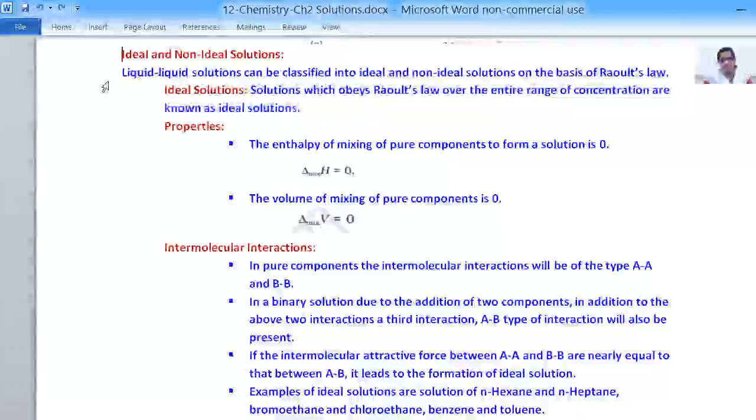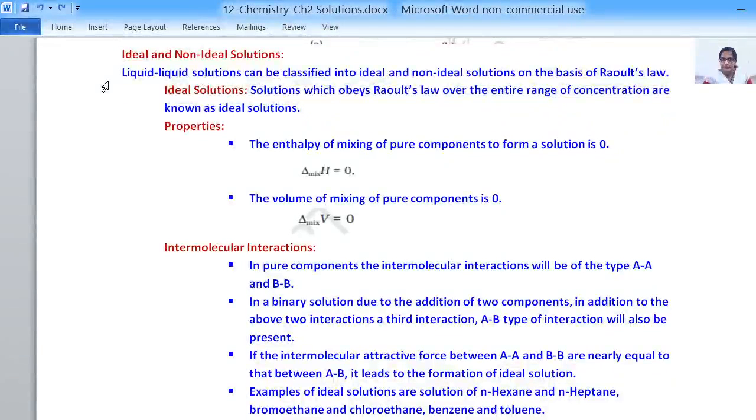When a solute is mixed with a solvent, there will be either liberation of heat energy or absorption of heat energy. In the case of an ideal solution, no heat energy is absorbed nor liberated during this process. As a result, the enthalpy of mixing is equal to 0.